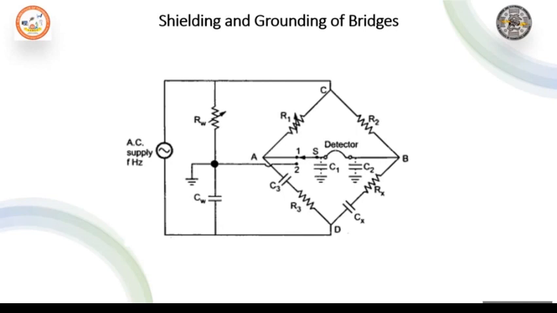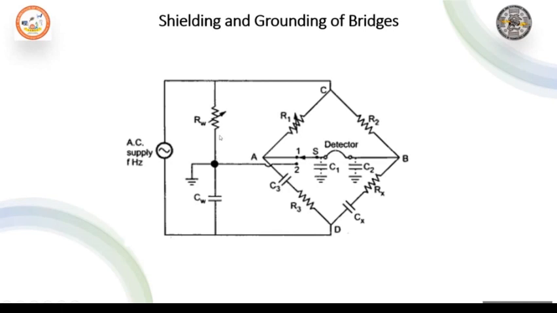Wagner's connection is the use of a separate arm consisting of the resistance Rw and the capacitor Cw across the terminals C and D, forming a potential divider. This arm is also called the guarding arm.